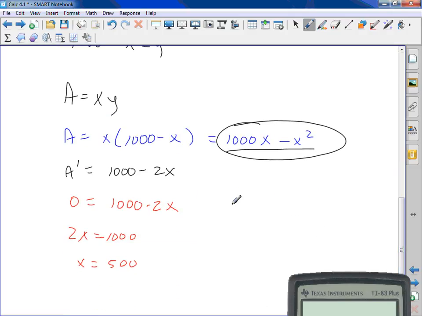So I'm going to put in 500 here. So I have A of 500 is 1,000 times 500 minus 500 squared.